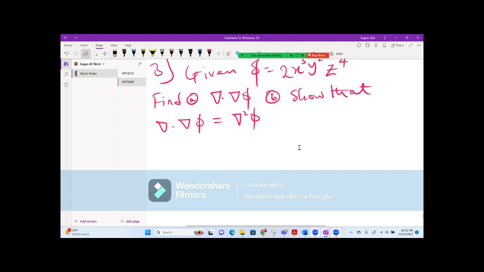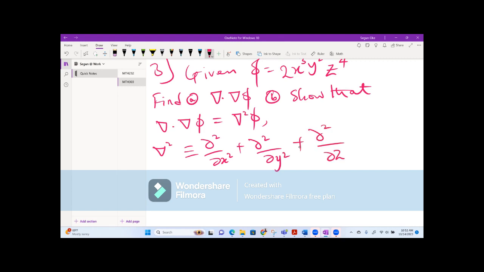So remember I told you that del squared is equivalent to the square d squared by dx squared plus d squared by dy squared plus d squared by dz squared, which is known as the Laplacian, from the word Laplace, the Laplacian operator.